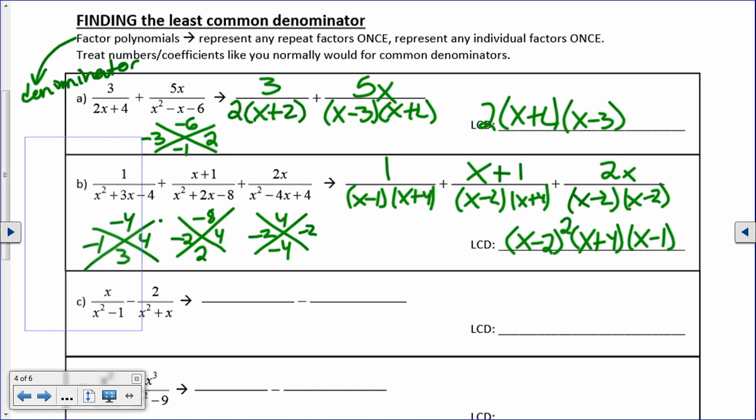So this pair right here would be represented with 1, but I had 1 left over. So you really have 2 x minus 2s that you have to write. So I write it as a square. So it's like you have 2 stored in that square, and then you got just 1 out here. You're right, 1 per pair. Yeah. So because I took care of these 2 with the 1, and then I had an extra that I had to have in addition. So that's why it was squared. So if it was cubed, it means there'd be 4 in there.